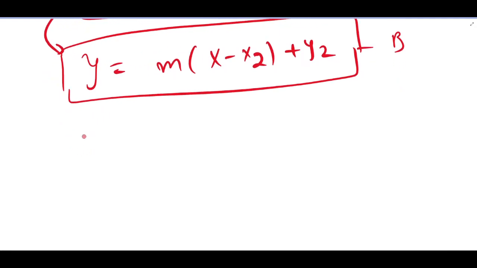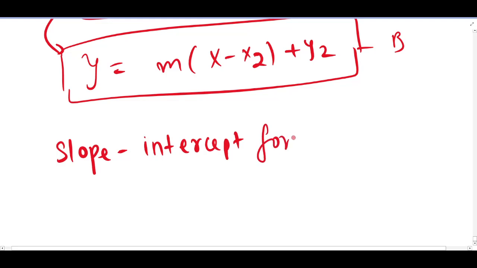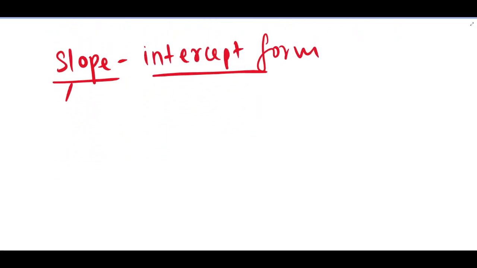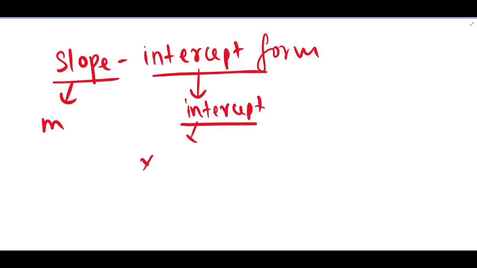Next is slope intercept form. In this we are given slope and intercept. We have discussed the intercepts, x-intercept and y-intercept.